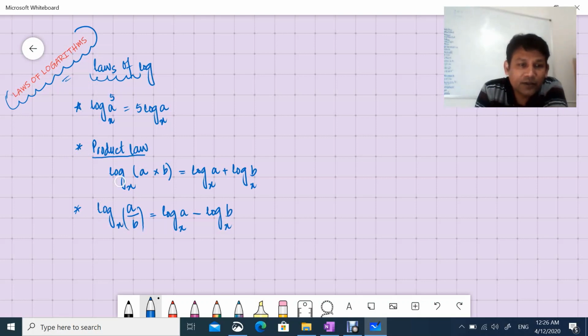Like I would like to give an example here: when you have log x of 5 plus log x of, suppose here is 8. So how can you write the single logarithm?